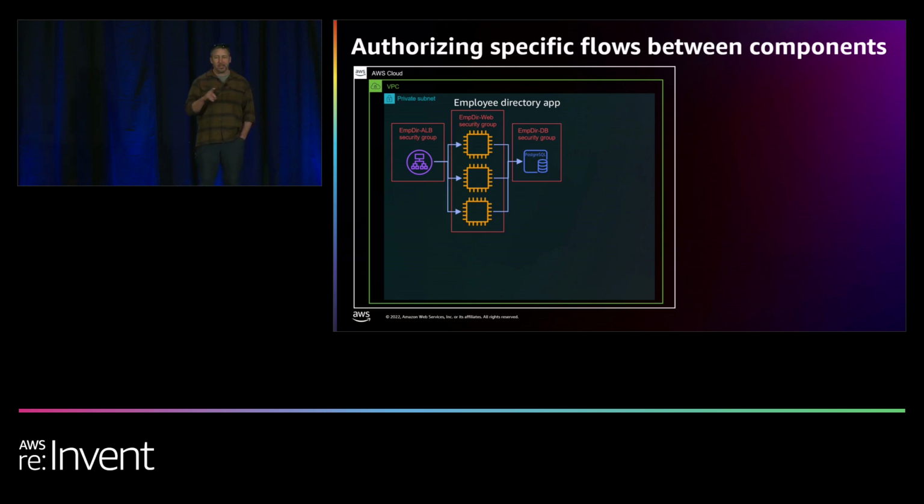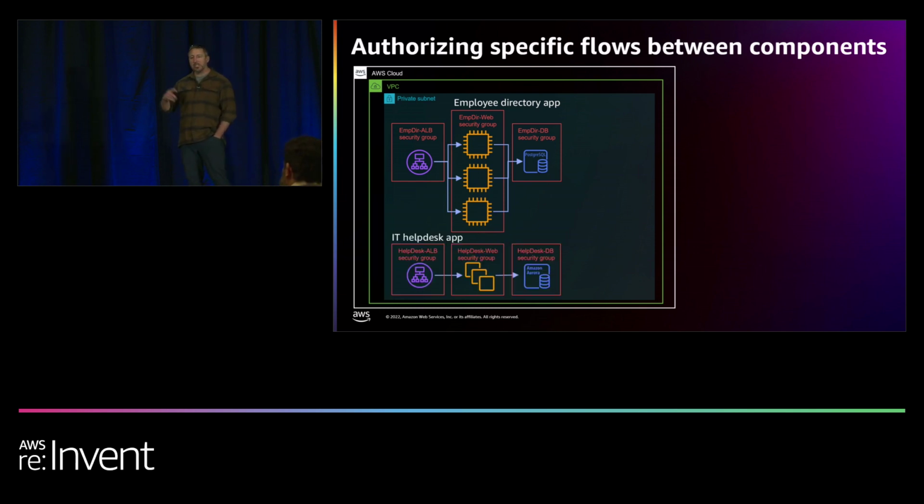And then you can write simple rules that reference one from another, and it's implicit in the diagram there, right? But I can say that the only thing that's allowed to talk into the web server security group is the load balancer associated with that same application. And the important takeaway there, right, is that if we do this pattern right, if we chain these security groups together, workload by workload, what we find is that everything is implicitly denied, right?